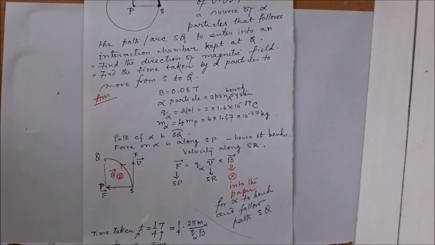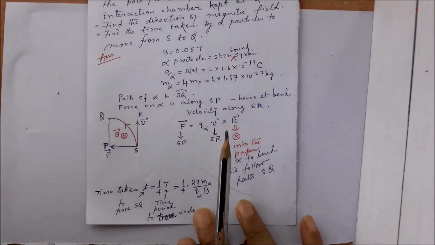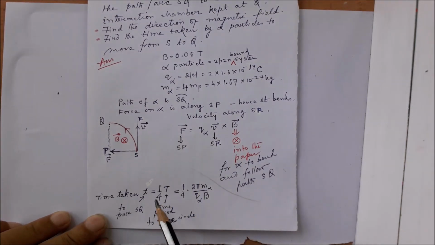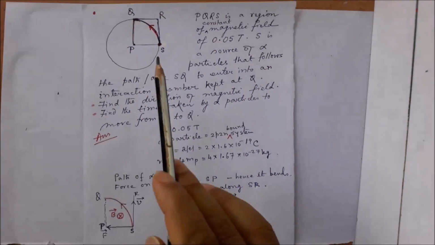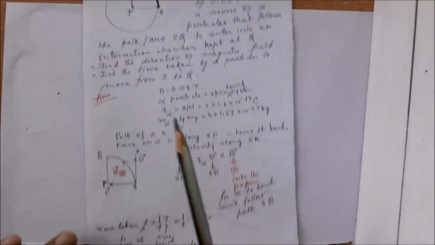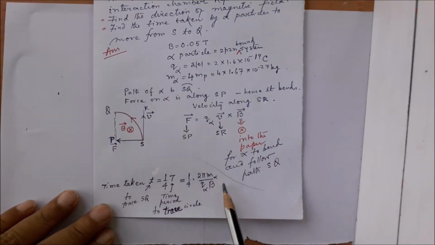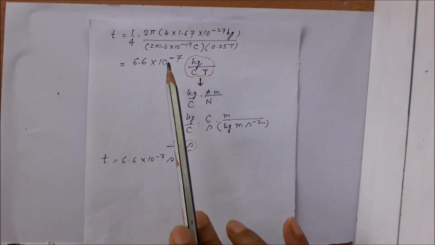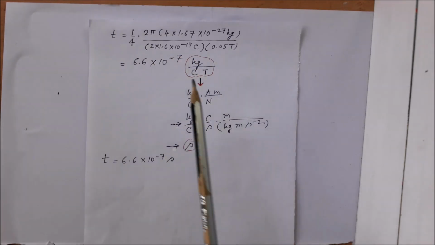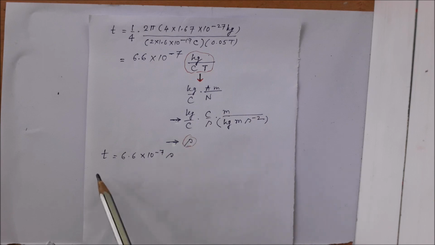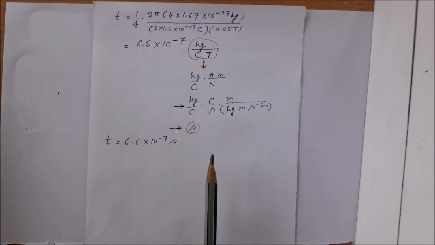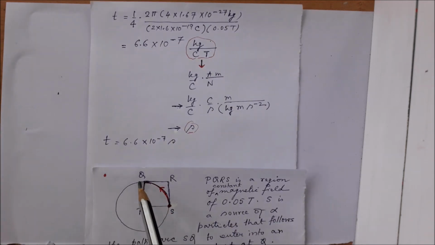So we have obtained the direction of B, it is into the paper, and the time taken to traverse is very easy. It is 1/4 the total time period, and the total time period is known to be of this value. We just put the values in proper units, and then we end up with this time which is needed for alpha to move from S to Q.